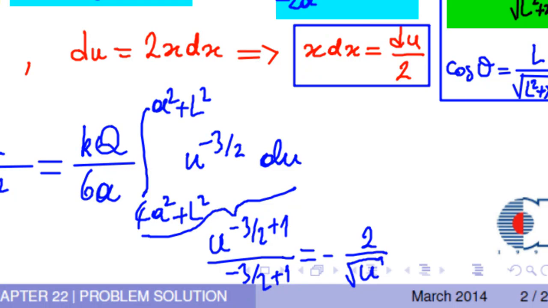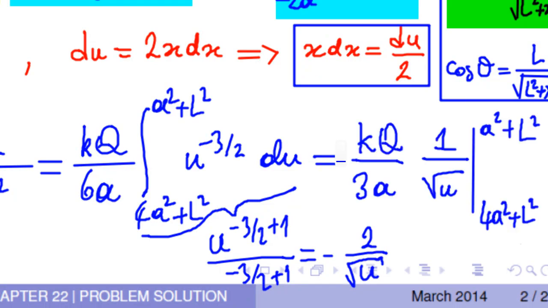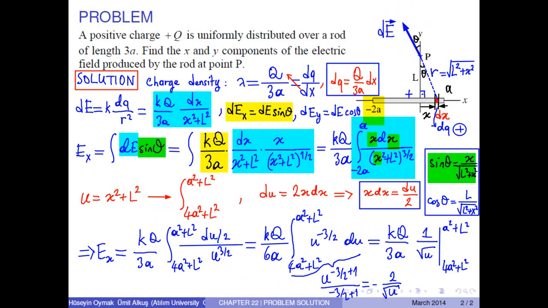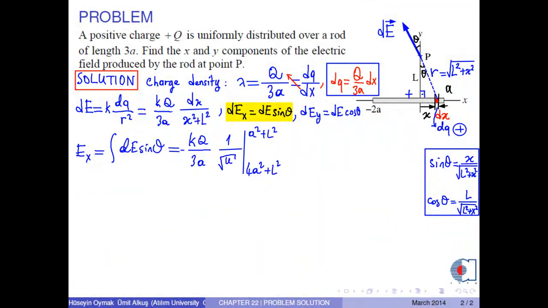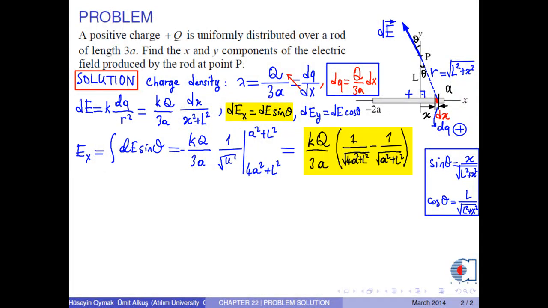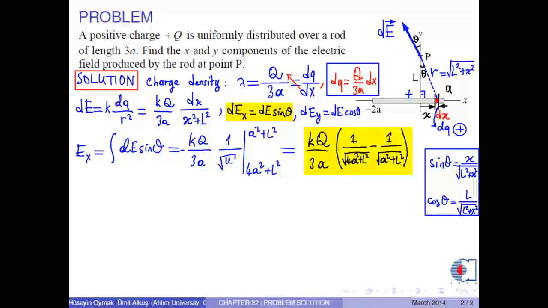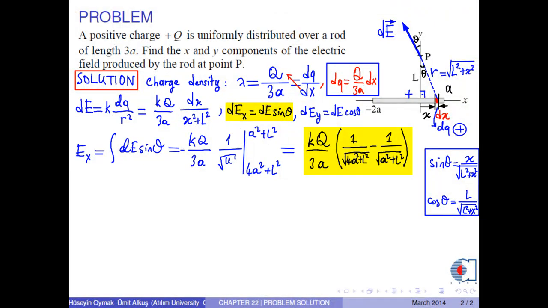Then the x component has the formula negative k times Q over 3a times 1 over square root of u with the corresponding limits. If we write the limits, we obtain finally k times Q over 3a times 1 over square root of 4a squared plus L squared minus 1 over square root of a squared plus L squared.